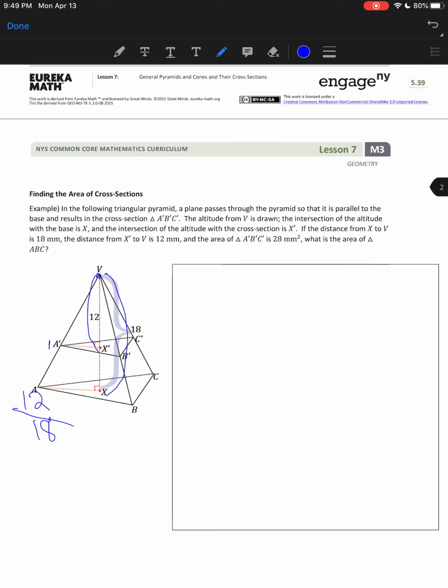That is going to give us a way to figure out how much smaller this triangle is than that bottom one. So if it's 12/18 of the way down to this base here, that means one of the sides on the triangle, say a side here, is going to be 12/18 as large as a corresponding side down there.